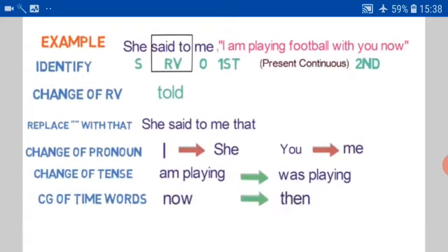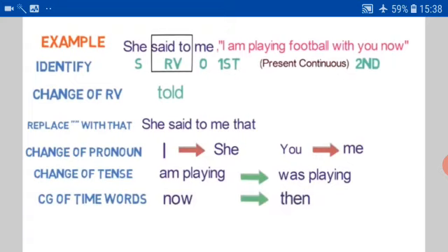Example: She said to me, "I am playing football with you now." To clarify this example, to convert it into indirect speech, we have to use these six steps. The first step is identify. It means: what is the subject?